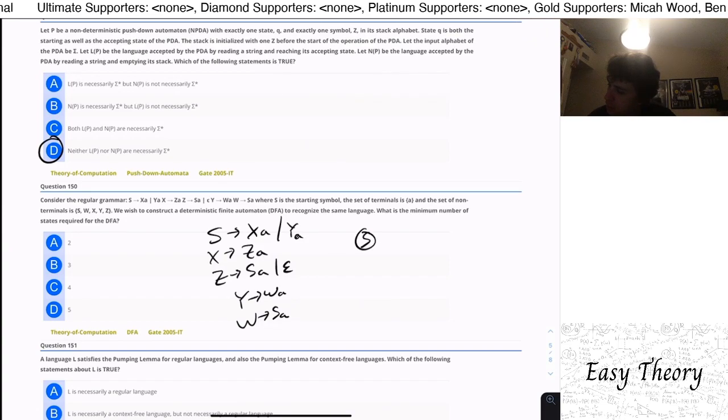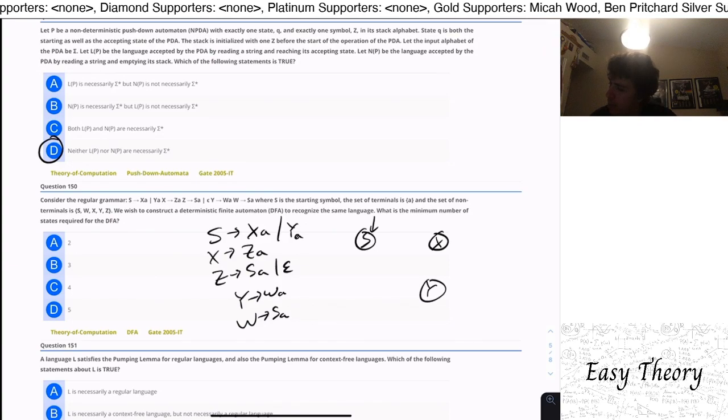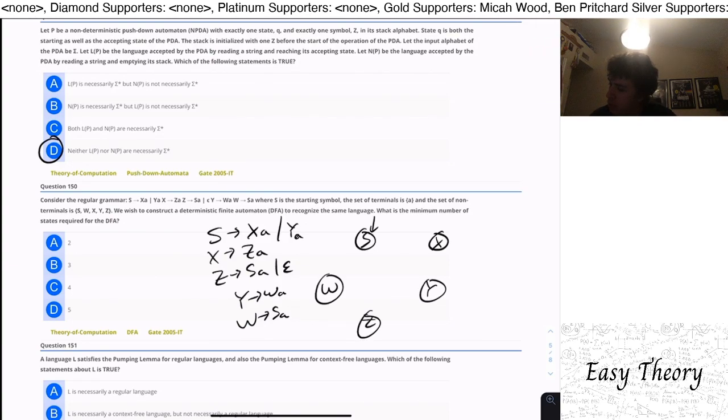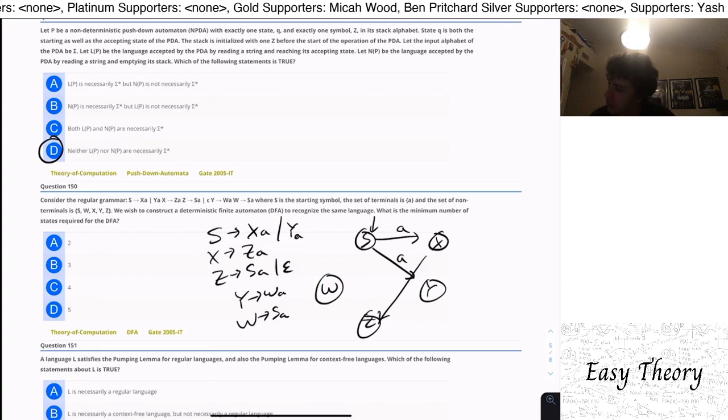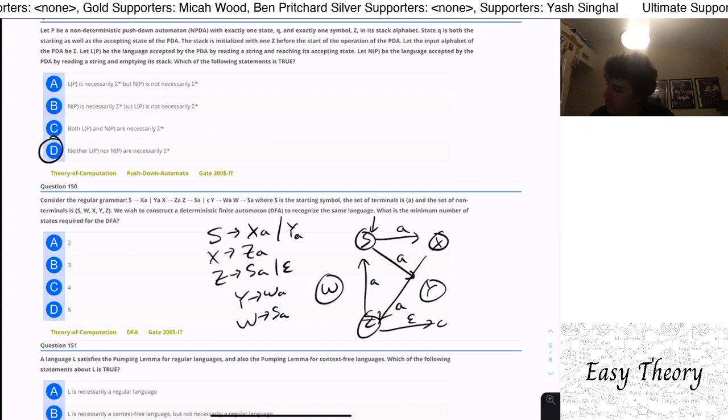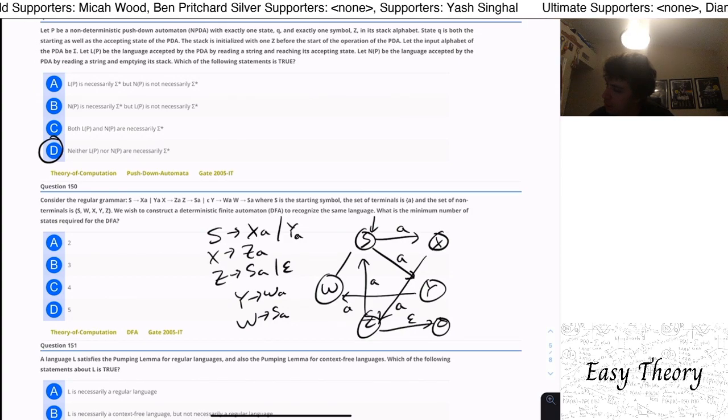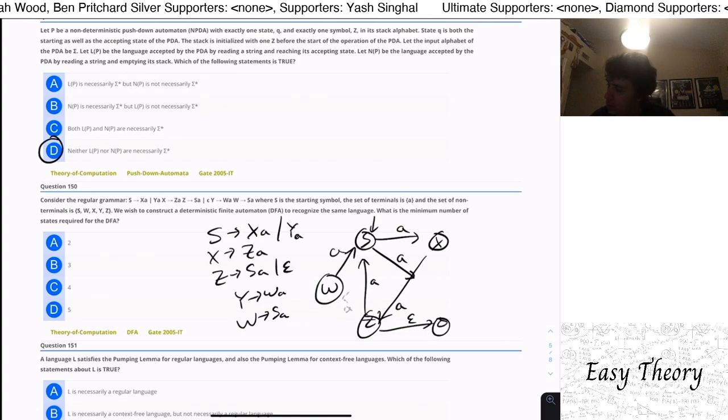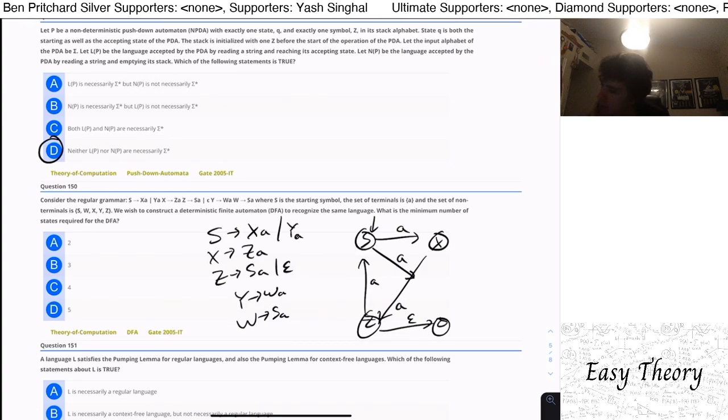So S is the starting one: X, Y, Z, W. X goes to ZA. Z goes to SA or empty. Oh, so the Y state and the W state are completely irrelevant here. Okay, that's nice.